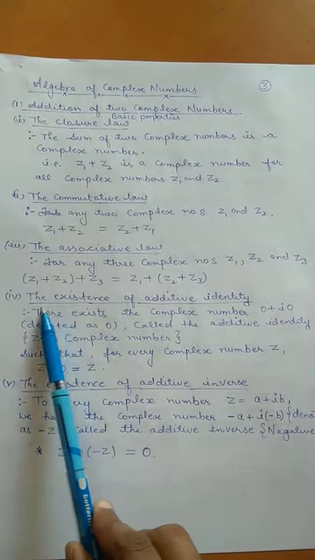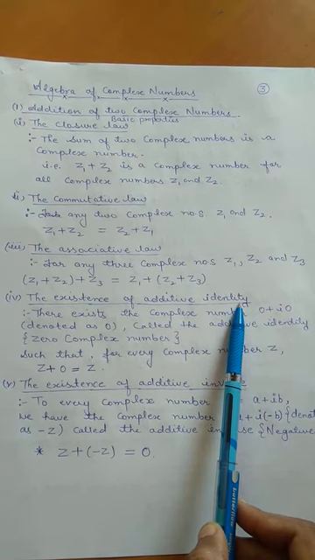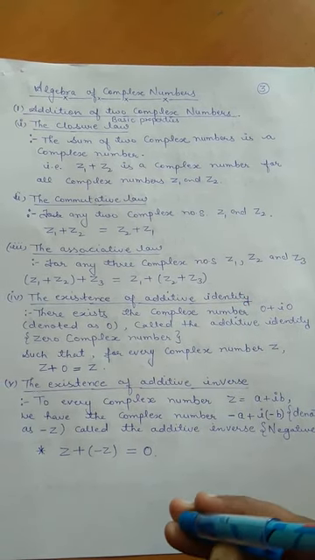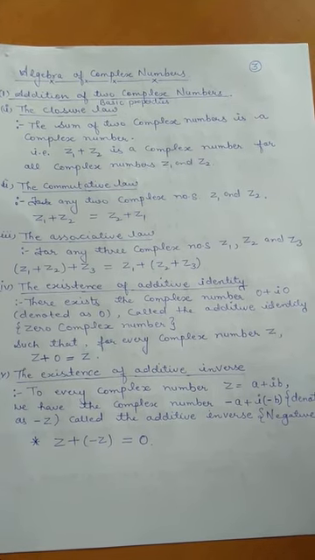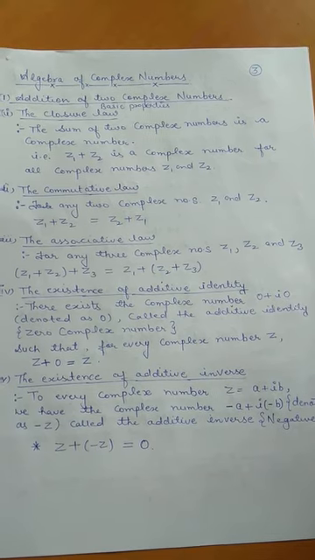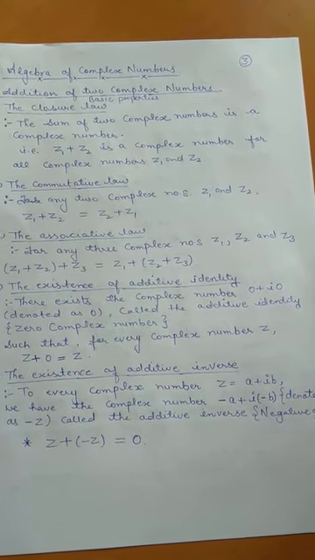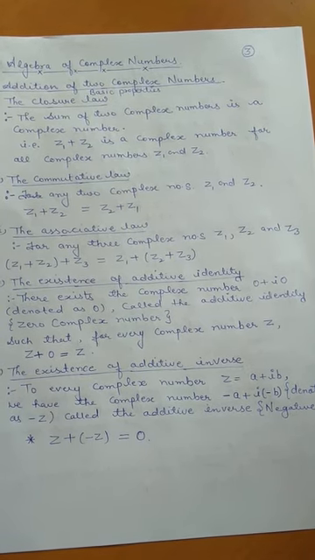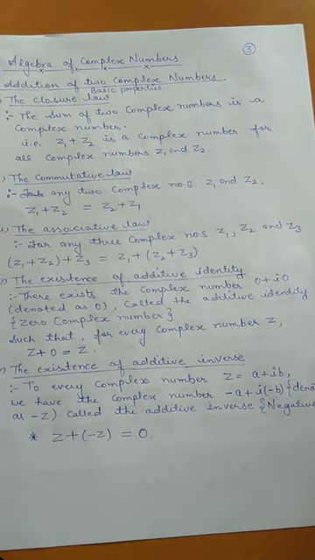Now, bache, the existence of additive identity. As you already know, what is additive identity? It is that number which, when we add it to any number, the result does not change. Is it clear? If we add that number to something, the answer will not change. The answer will remain the same as the number was before. So it is 0.